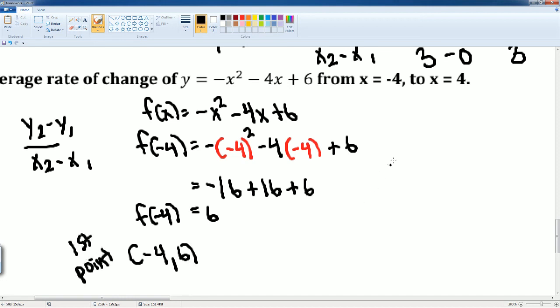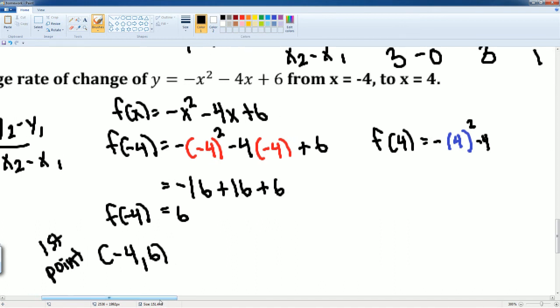Okay. So let's do your second point. Same process, but now we're plugging in a 4 for that. So it's the same equation, but this time we plug in a 4. Let me make it blue so you could see the difference. So -(4)² minus 4(-4) and then plus 6. All right.